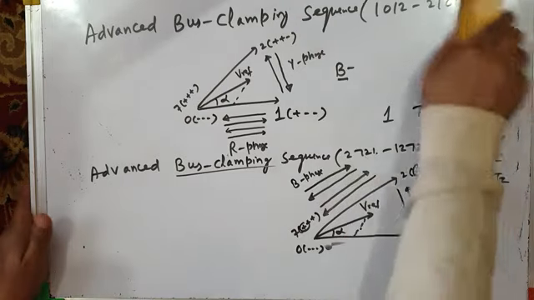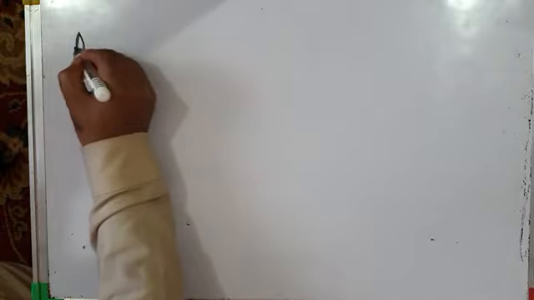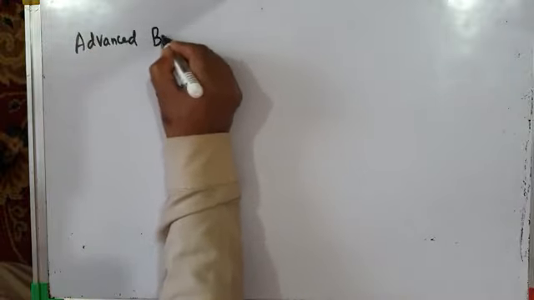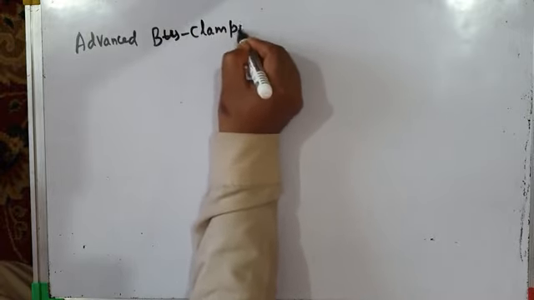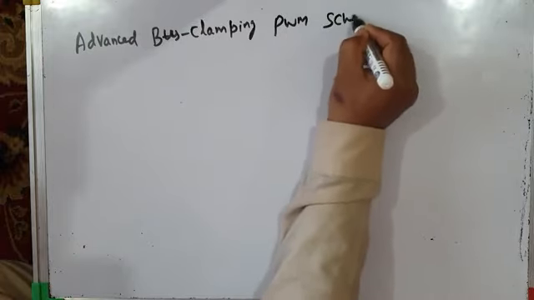Fine. Now these two switching sequences, advanced bus clamping sequences, are applied to give advanced bus clamping PWM scheme like this. So we will have advanced bus clamping PWM scheme.